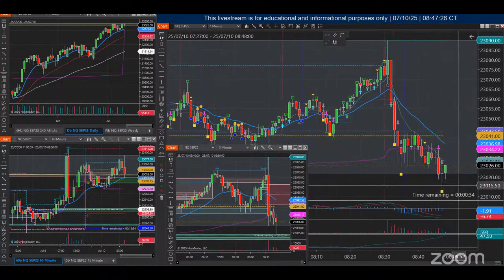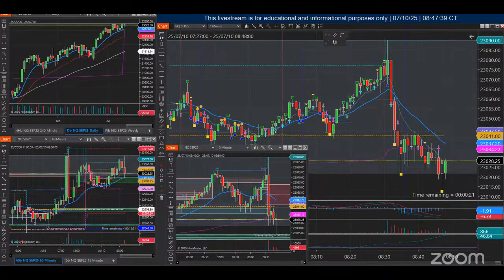So there is no impulsive breakdown. All right, so at the close of this bar, I will hit long on the close of the bar on the 1 minute chart. It's before 9 still. Unless this bar closes red, then no trade.